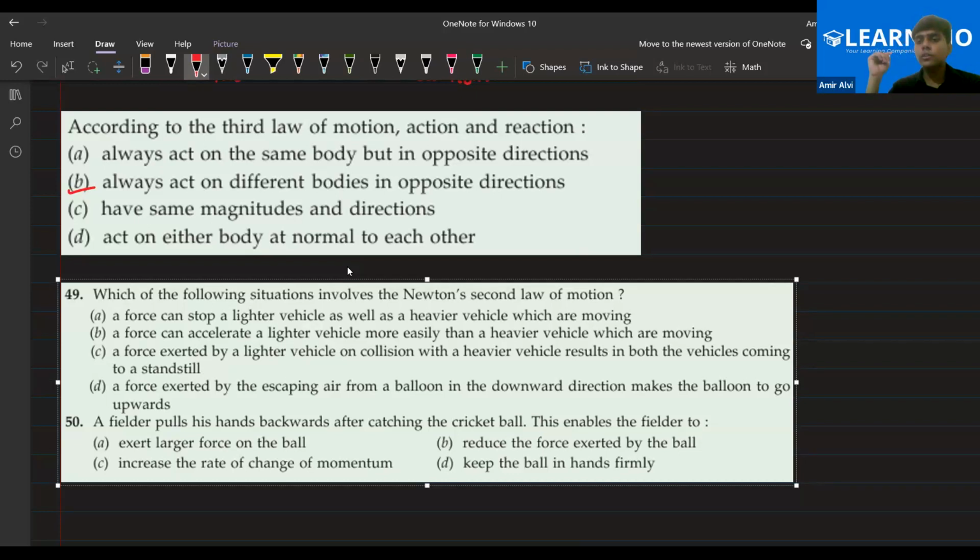Farhan, what's your answer for this case? Yes, sir.